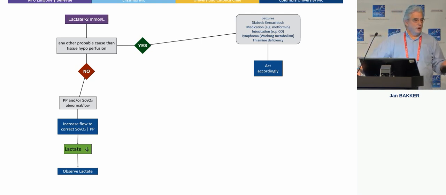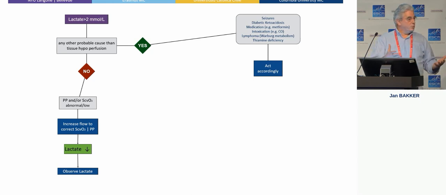In the Netherlands, we love nitroglycerin. It took me some time, but finally at Columbia University in New York, now we sometimes use nitroglycerin as well. So whatever you think will optimize tissue perfusion, do it. It should correct your abnormal ScvO2. It should correct your abnormal peripheral perfusion. And as a result, the lactate should fall.